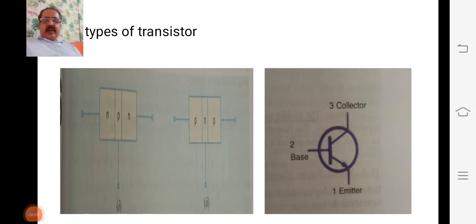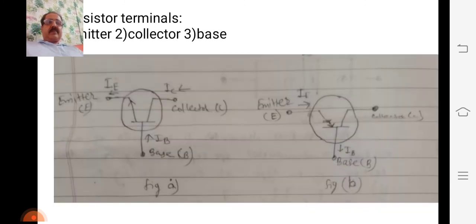Let us consider the working of an NPN transistor. As shown in this figure, an NPN transistor has a forward bias to the emitter base junction and a reverse bias to the collector base junction. The forward bias causes the electrons in the N type emitter to flow towards the base.